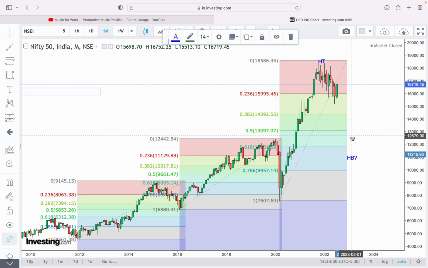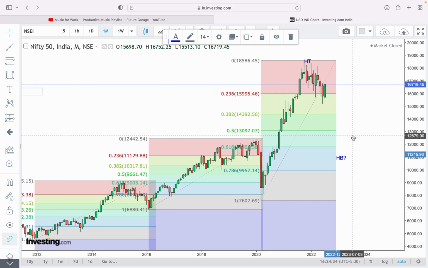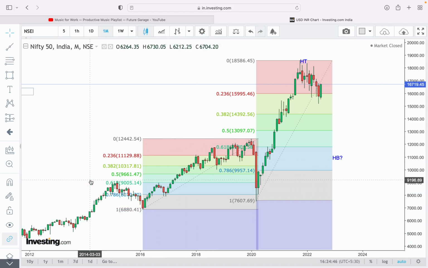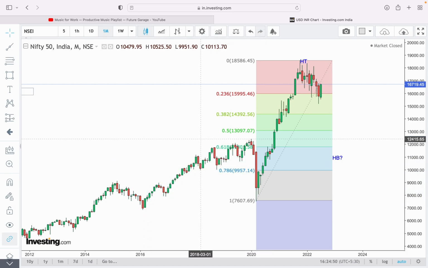It is very difficult to make predictions, but I am of the view that there is no reason for the market to create such a shallow pullback, that the market has a tendency to attract maximum volume, and this level, so I'll just remove these additional Fibonacci levels because I think I've pretty much explained the concept.